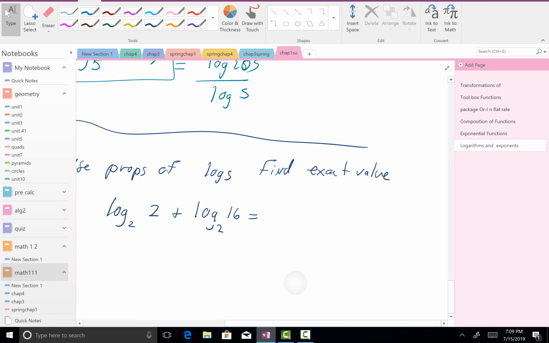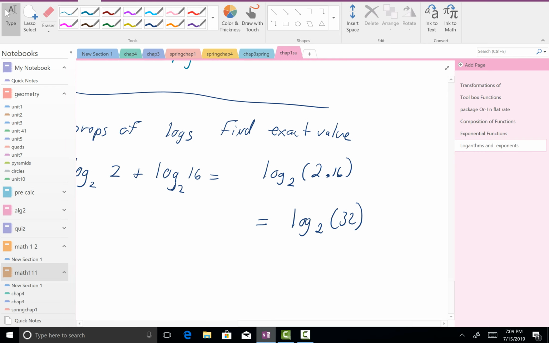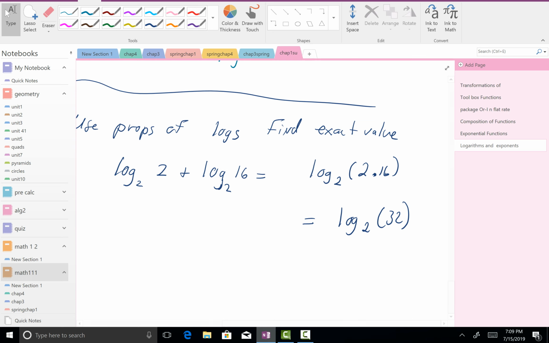So then what you would do is first write this, using your properties of logarithms, as a log base 2 of 2 times 16, which equals the log base 2 of 32. Okay, so we're going to use the properties of logarithms.